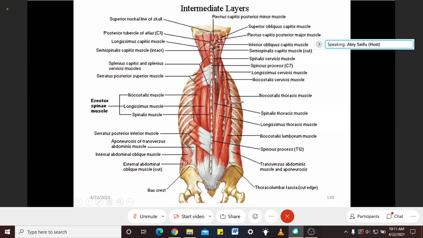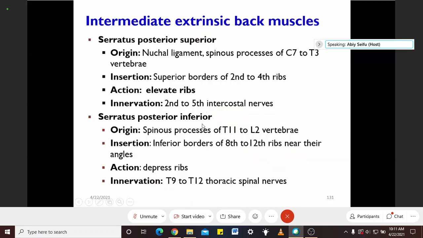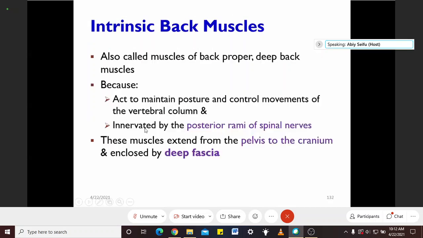Those are the intermediate group muscles, and under them there is the proper back muscle, which is the deep group. Let's see the deep group now. Those are the actions and where they are inserted and originated. You can see.